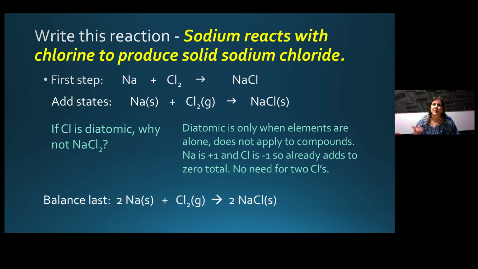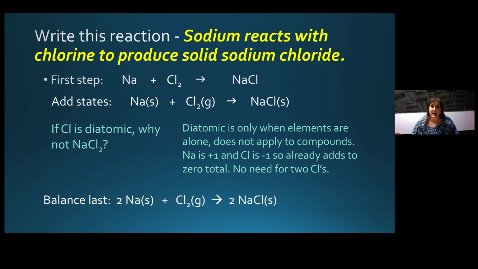So what you were trying to do is balance. Remember, balancing is last. Now we'll worry about having 2 Cl's on both sides, but that's the last thing we do. Because there's 2 Cl's on the left side, we need 2 Cl's on the right side, so we put a 2 in front of NaCl. That gives us 2 NaCl's, 2 Na's and 2 Cl's. That fixes the Cl's, 2 on both sides.